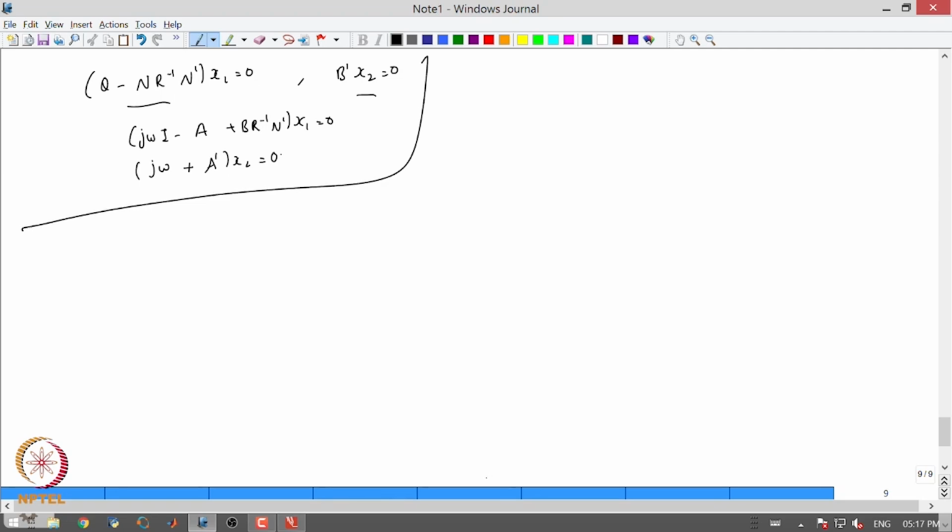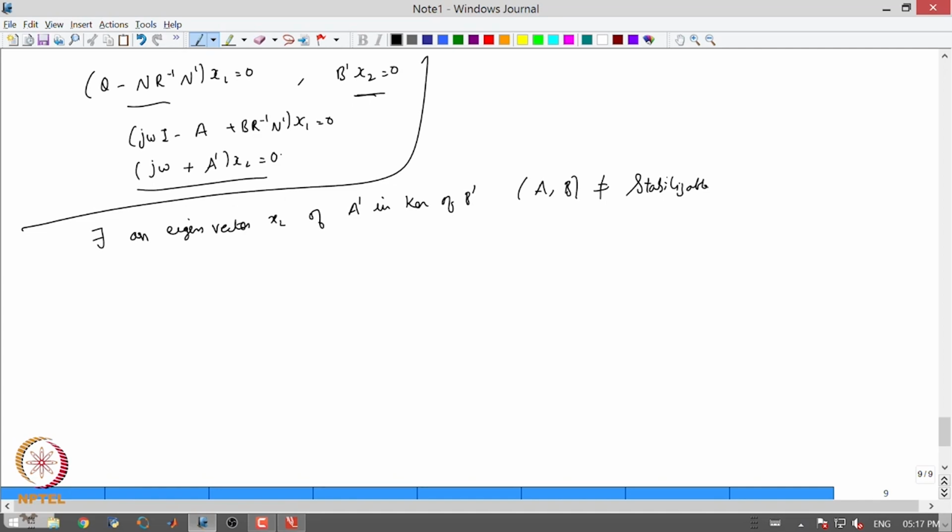First, there is an eigenvector, and what is this eigenvector? This eigenvector x2 of A prime is in the kernel of B prime, this plus this, which means (A, B) is not stabilizable.